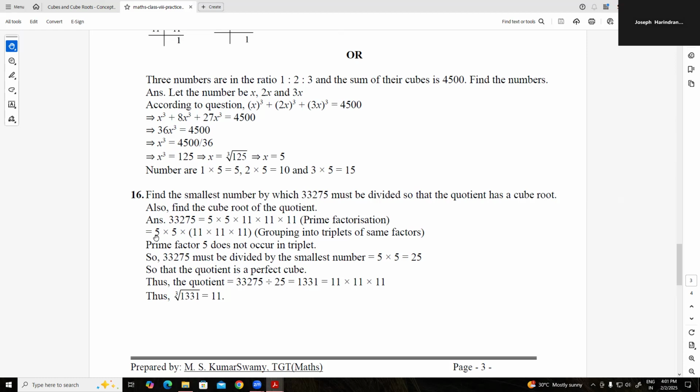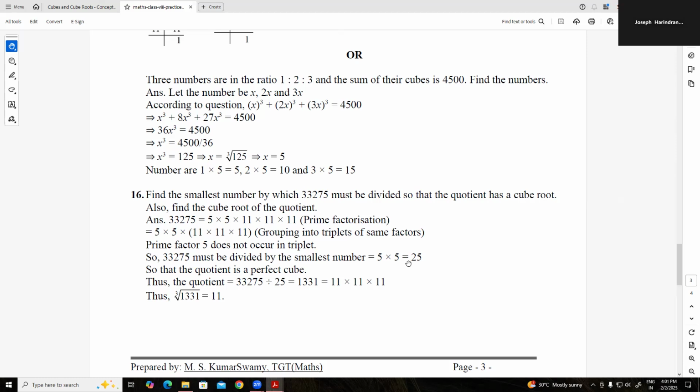If you divide this by 25, this becomes a perfect cube: 11 into 11 into 11. So it's easy to divide this by 25, and that's the smallest number this number has to be divided by.